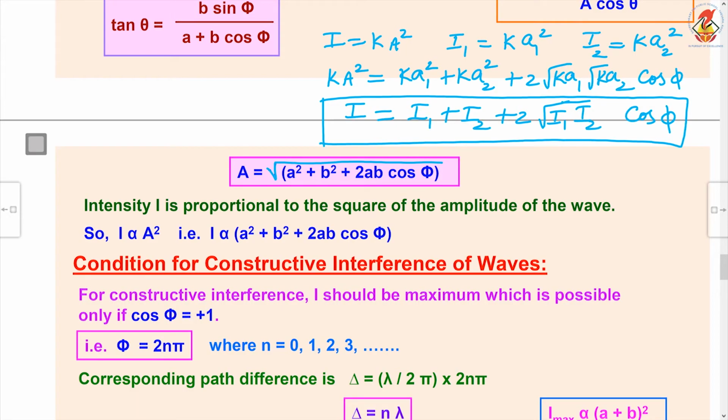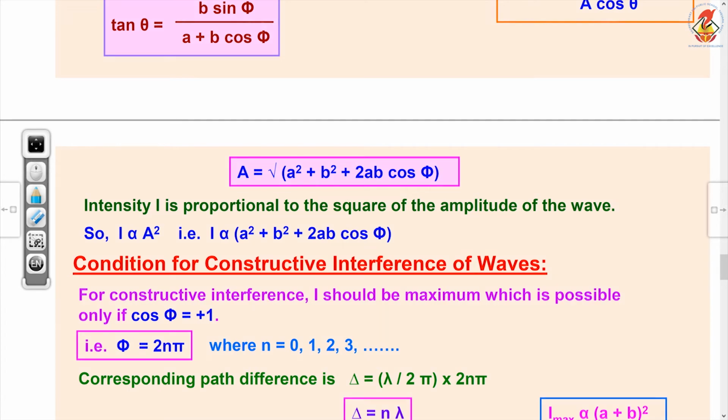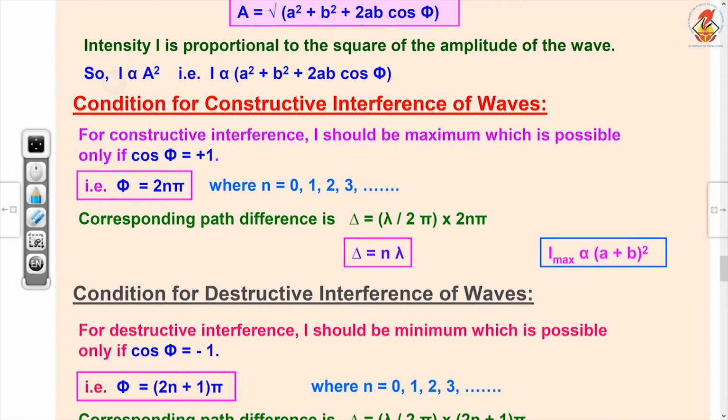Now, let us see the conditions for constructive and destructive interference. Constructive means where the amplitude is maximum, and destructive means where the amplitude is minimum. So for constructive interference, I should be maximum, and I is maximum only if cos phi is equal to plus 1. So phi is equal to 2n pi. Phase difference should be 2n pi. That is the condition for constructive interference. And the corresponding path difference is written as delta.